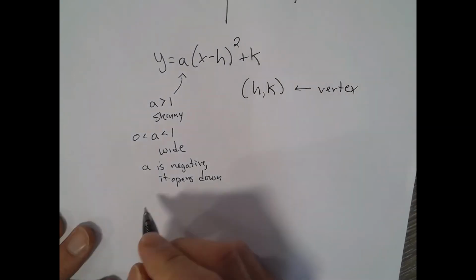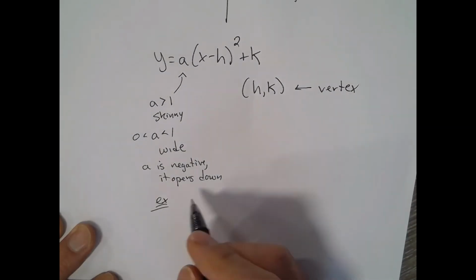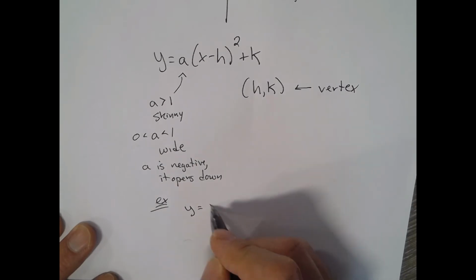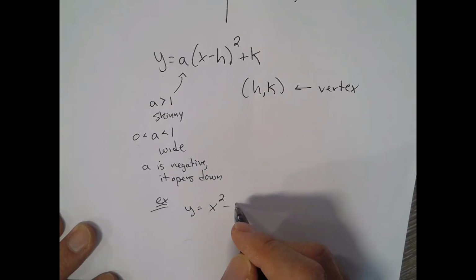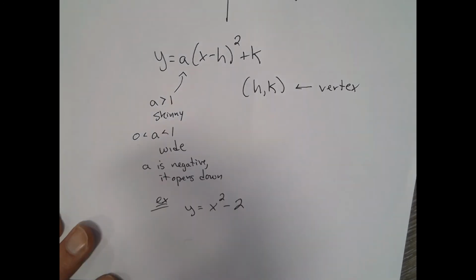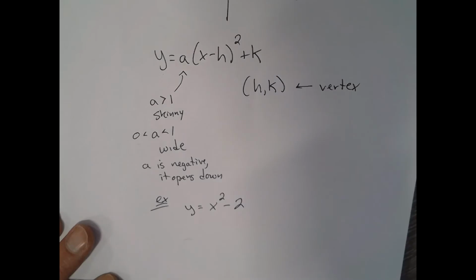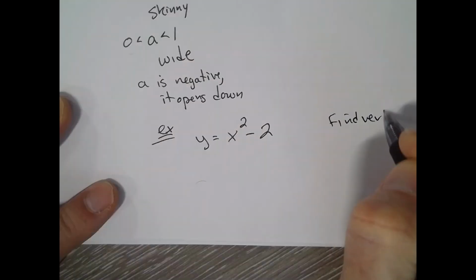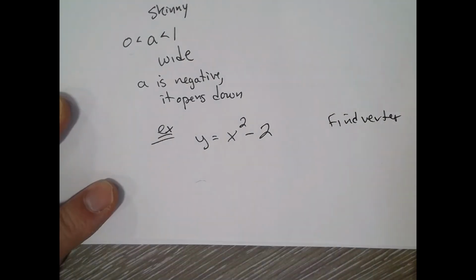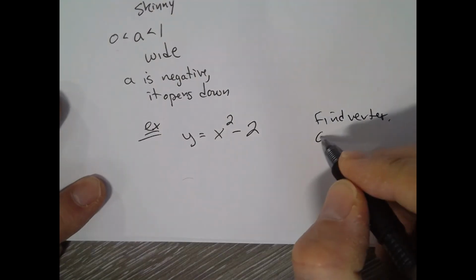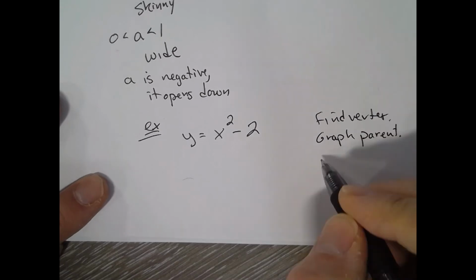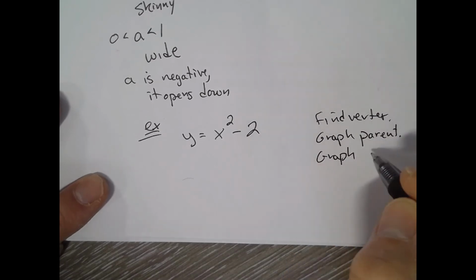Let's do an example. So if I have y equals x squared minus 2, and I asked you to find the vertex, graph the parent, graph the equation.